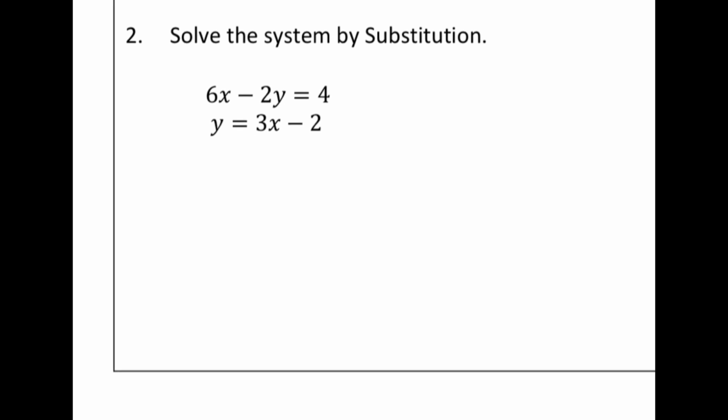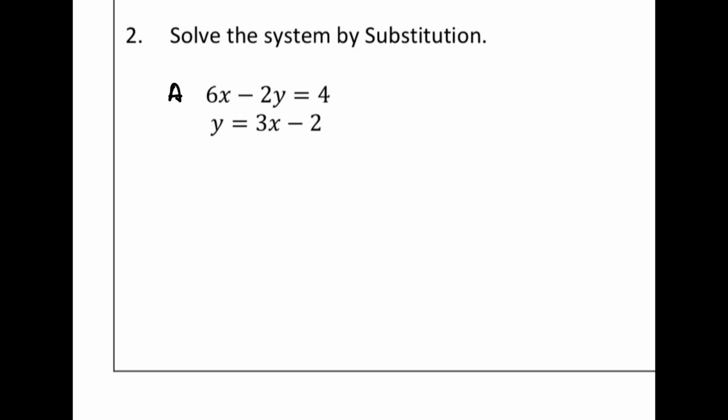So solve the system by substitution. That's nothing new, right? It already has y equal to this. So we're going to take all of this information, put it in here for y.